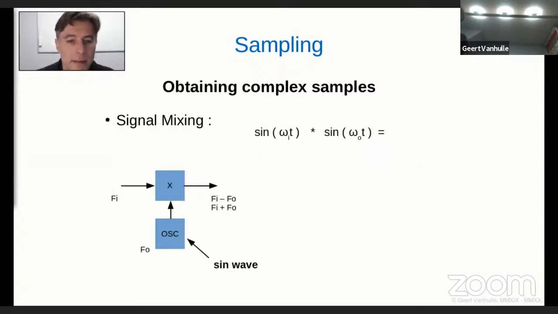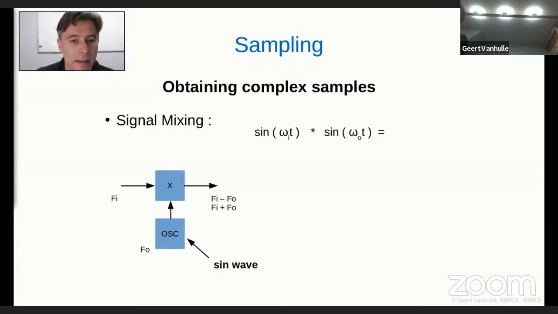Now, if we look at the mathematics behind this, if we consider the local oscillator to be a sine wave and the input frequency also to be a sine wave, we actually have a mathematical multiplication of two sine waves. So we have the sine of the rotating angle of the input frequency multiplied by the sine of the rotating angle of the local oscillator frequency.